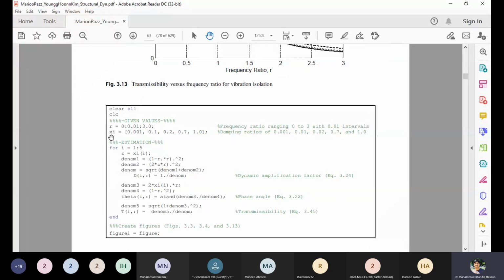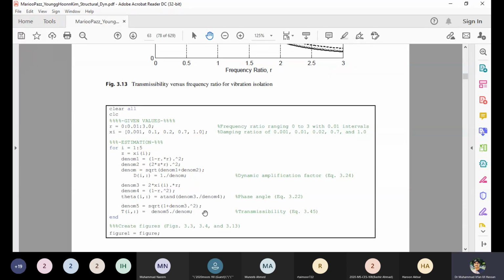The frequency ratio comes, the zeta value is varying, and you compute the different factors. This is denom; these are all expressions, such as 1 minus beta square, which is one function, 2 zeta r is the second function, then another one, the square root of these two. These are used in the transmissibility formula.